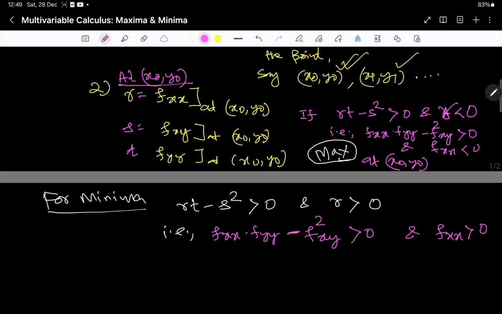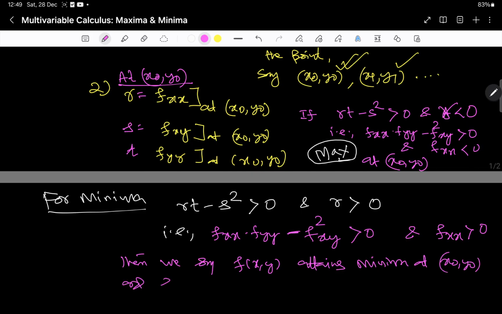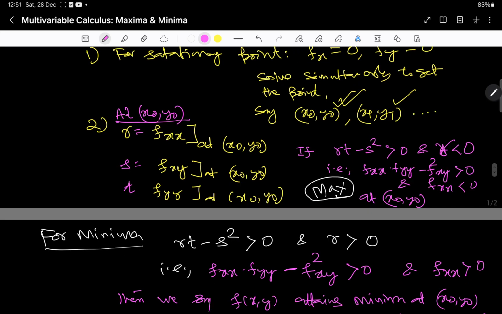If this happens, then we say that f of x y attains minima at x0 y0, and f of x0 y0 is the minimum value of f of x y.